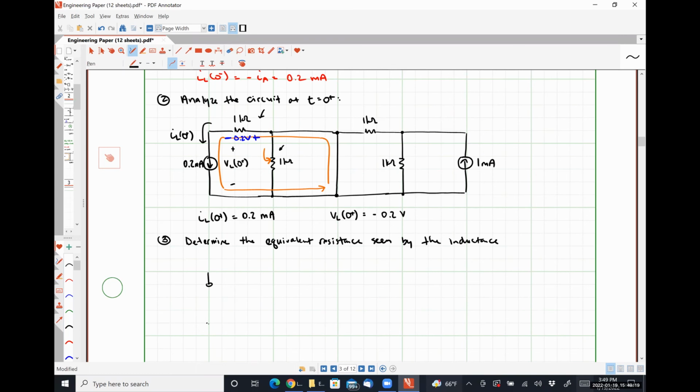So if we take the inductor out, and we're going to look in through the terminals where the inductor used to be, we have our 1 kilo ohm resistor, our 1 kilo ohm resistor, our short circuit, because we're trying to find out what the inductor sees during the transient condition. So it has to be what the circuit looks like after the switches change states.